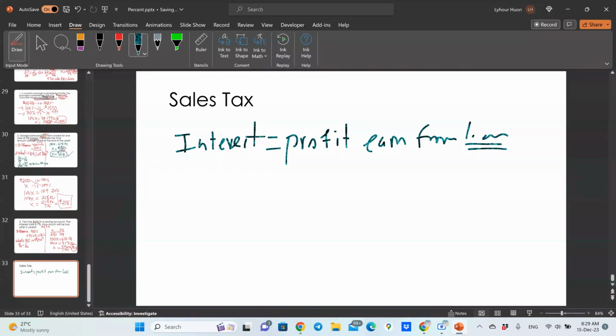So you don't put it in a bank, you put it in an account for yourself? No, in a bank account. Yeah, in a bank account.